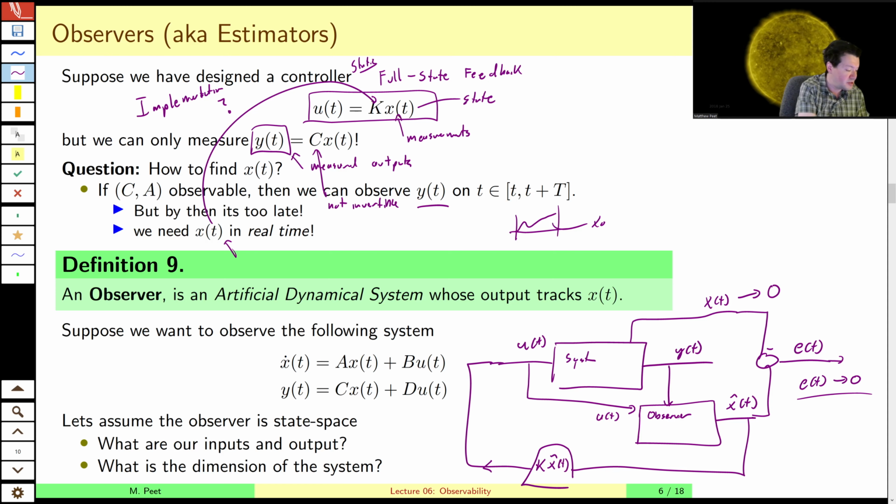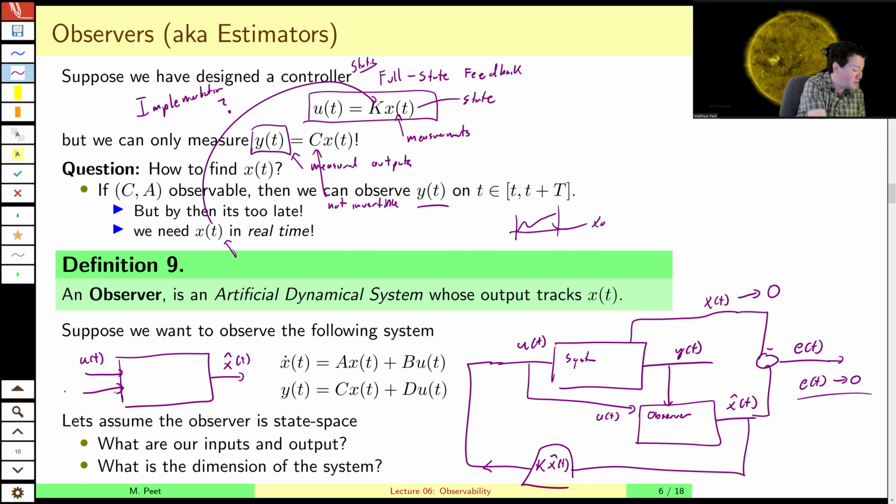We want the output of this observer system to be x hat of t, and we want the inputs to be u of t and, of course, measurements from the output of the system itself. So what's inside that block?